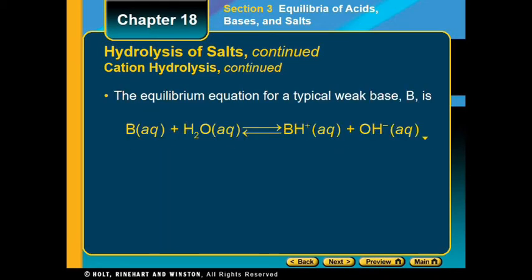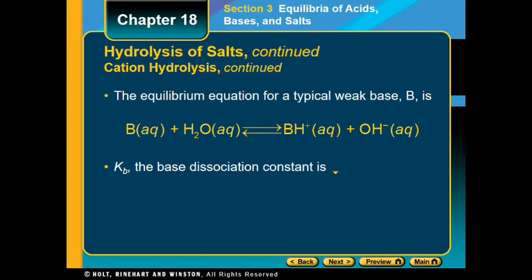So we're going to take a weak base. They're just using the letter B for a weak base. It could be any weak base. Again, they might only ionize about 5% with water, and that weak base will accept a proton to give you BH+, and then water, since it's the proton donor here, is creating the hydroxide ion.